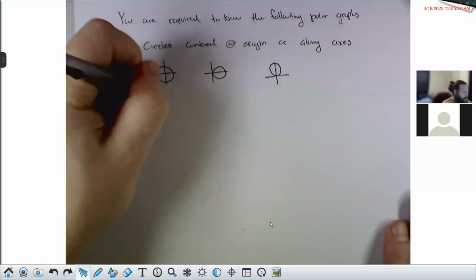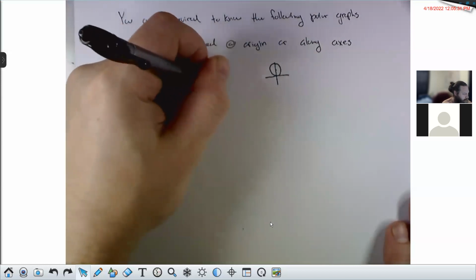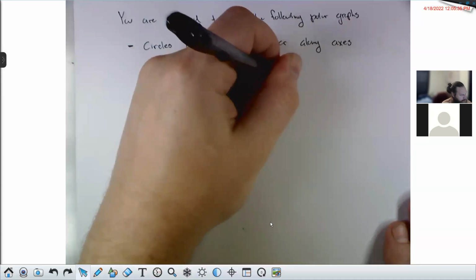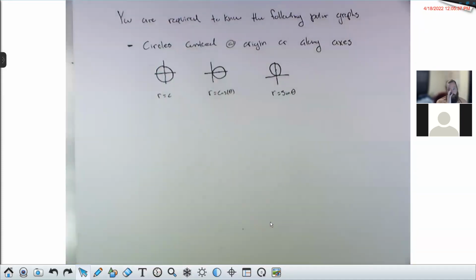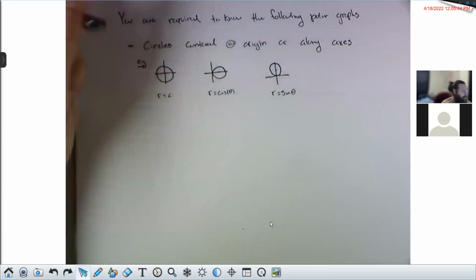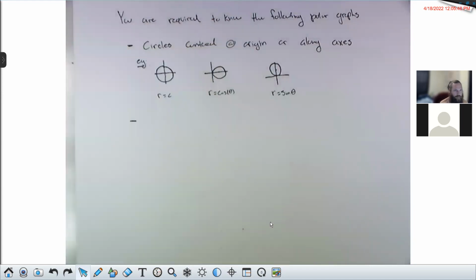This is like r equals a constant. This is like r equals cos theta, and this is like r equals sine theta. And there are some modifiers you can apply to those, but these are just examples. Circles, you got to know your circles.